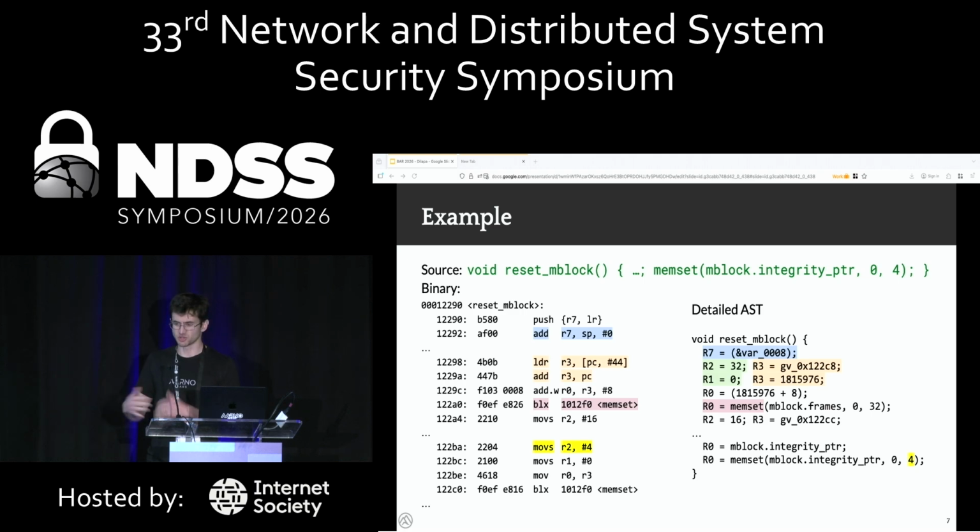At the lowest level, we get C that is basically just a transliteration of binary semantics into C syntax. I'm guessing you're probably very familiar with this style of decompilation. The coloring here is just to suggest that there are obvious links between the C syntax and the binary semantics, the individual instructions and all that.